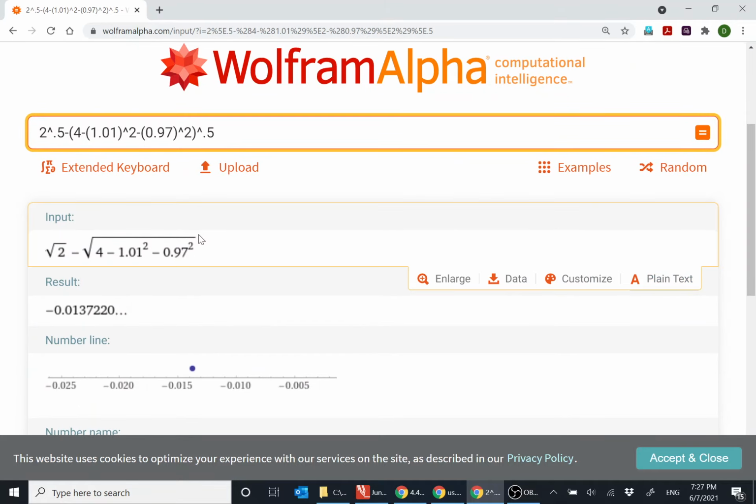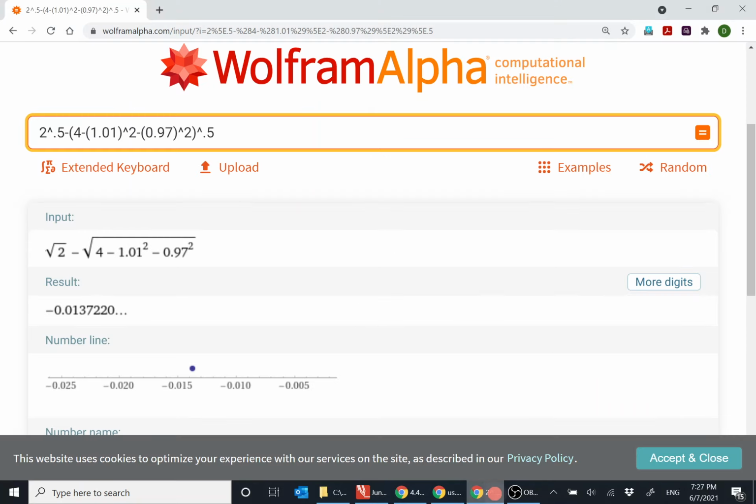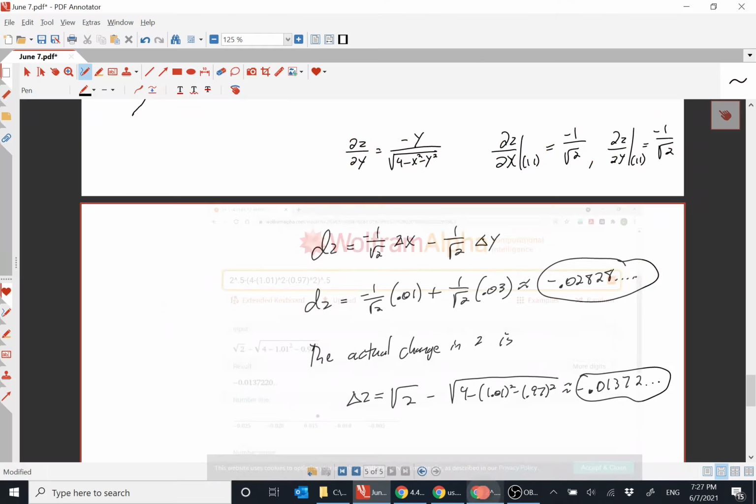So minus 0.01372. Right, so, oops. 0.01372.